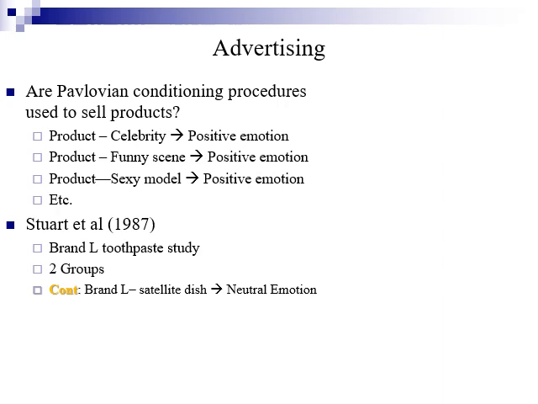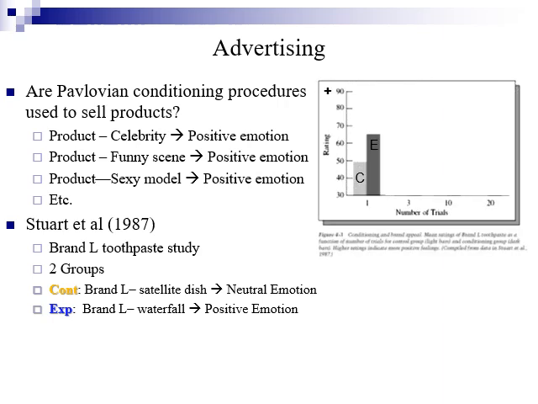Whereas the experimental group saw a picture of the toothpaste followed by viewing a mountain waterfall for 5 seconds, with the idea being that the waterfall would produce positive emotions of cleanliness, freshness, coolness, those kinds of things. The question is, what impact did this have?